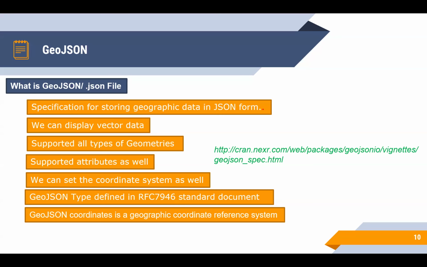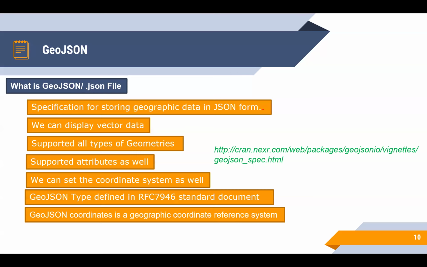Okay, I believe you guys already know about the geographic coordinate system and projected coordinate system. If you don't know, I will tell you in one short line. Geographic coordinate system is the small coordinates. Geographic coordinate system coordinates are always between minus 180 to plus 180.